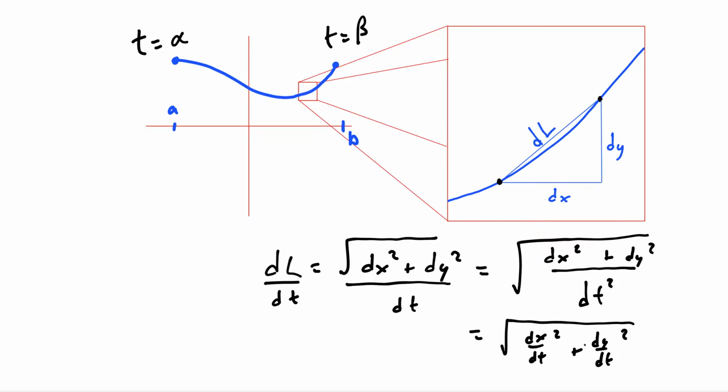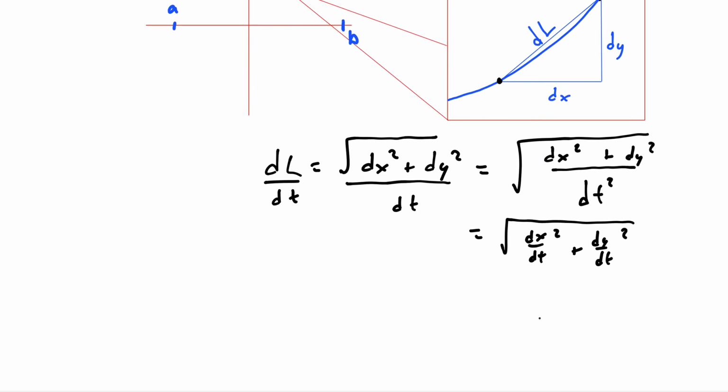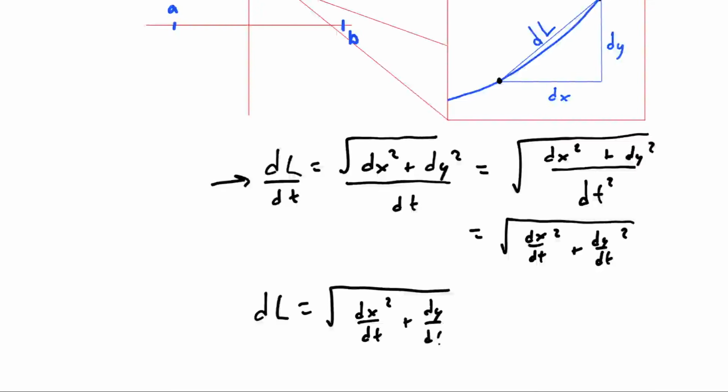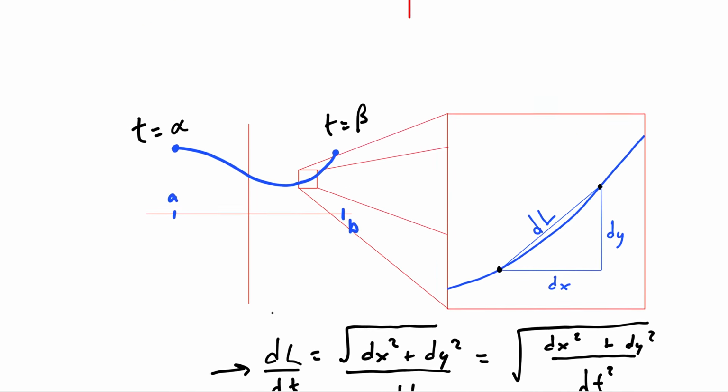These are the derivatives of the parametric equations. If we solve this expression for dl, that's multiplying dt by both sides. So we have dl equals the square root of dx over dt squared plus dy over dt squared, and then multiplying both sides by dt, we have a dt at the end. In terms of parametric equations, this is our expression for dl.